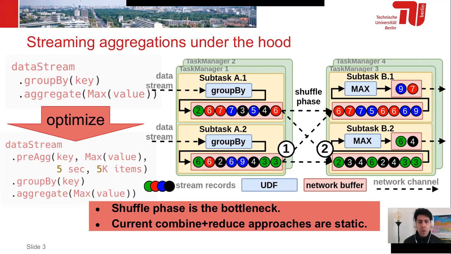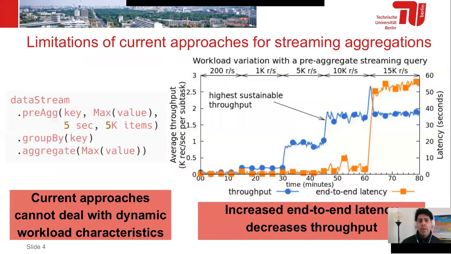However, for stream pipelines, this is not enough. This approach, also known as combine plus reduce, is static. And for stream pipelines, even when the workload increases, the shuffle phase could still be a bottleneck. And that is what we explored in this motivation example.